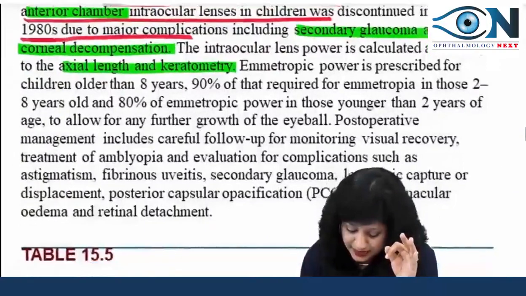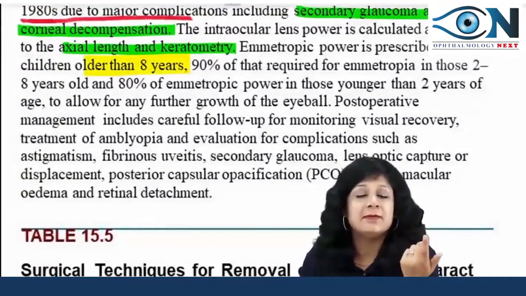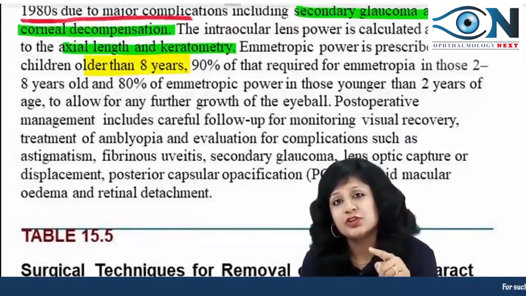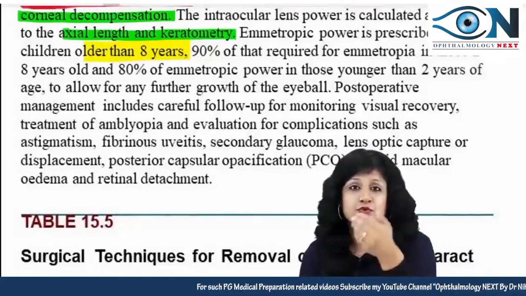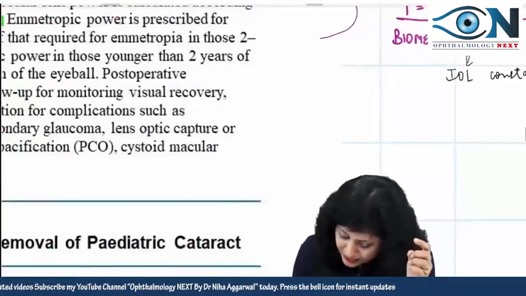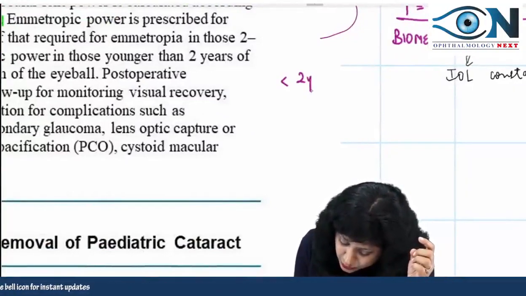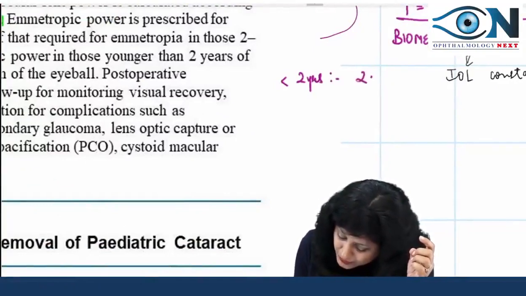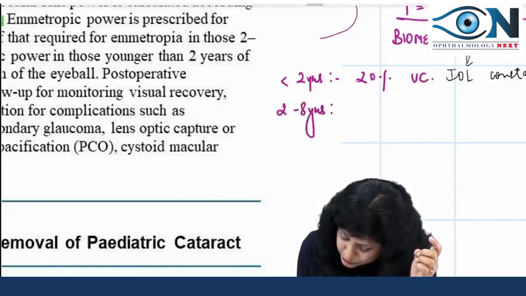Ametropic power is prescribed for children more than 8 years, because after 8 years the eye becomes ametropic, so for all children more than 8 years I can use the same power, but we have to do undercorrection for smaller children. For those less than 2 years, we have to do 20% undercorrection, and for those between 2 to 8 years, 10% undercorrection.